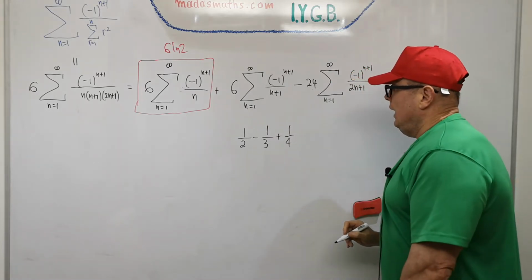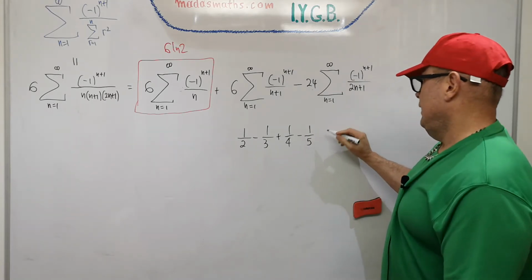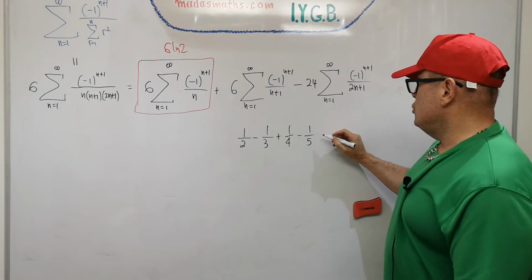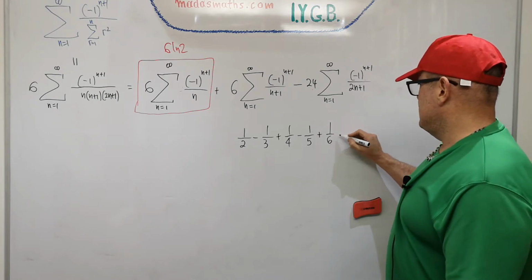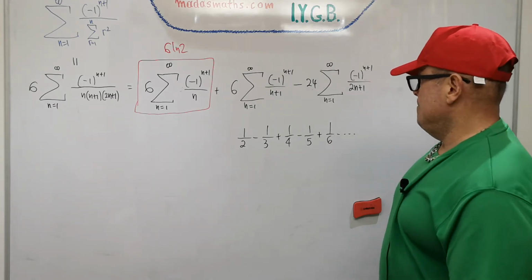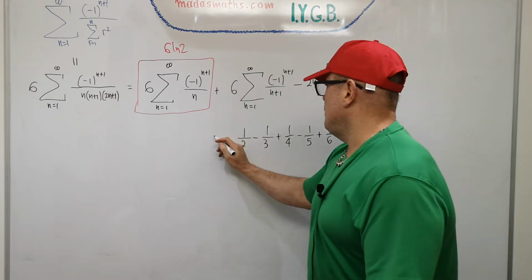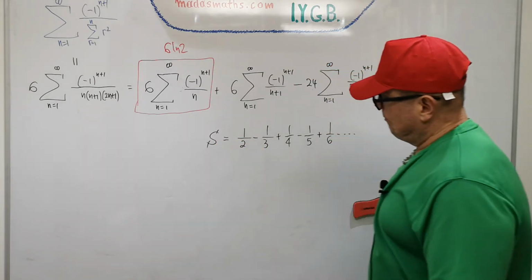Okay, very annoying. So this is how we're going to do this particular one. Plus 1/6 minus ... Okay, let's call it S.